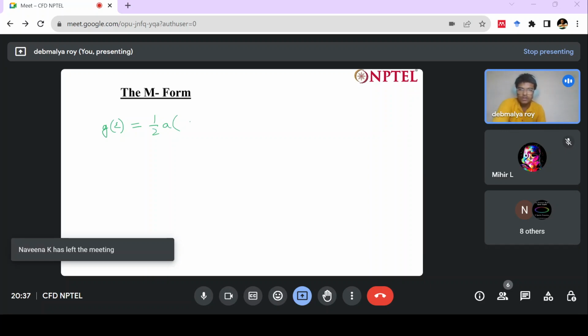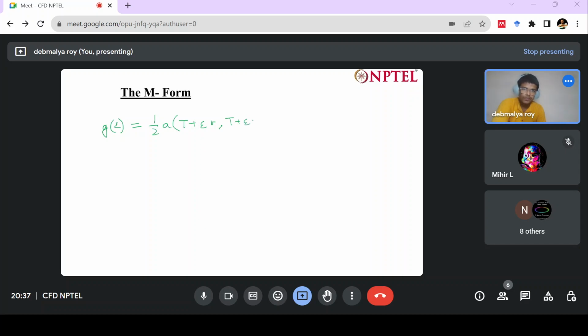So this is defined as t plus epsilon t minus. So this is a function which is defined.